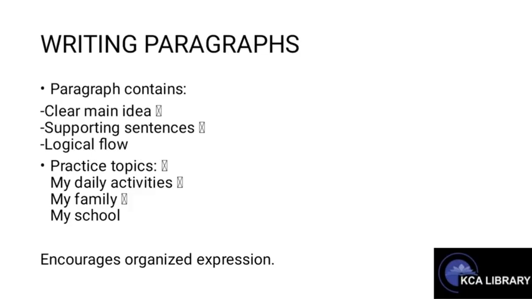Then writing paragraphs. A paragraph is a group of related sentences that develop a single idea. In Hausa writing, a paragraph should have a clear main idea, supporting sentences, and logical flow. Learners are encouraged to write short paragraphs describing people, places, or daily activities.